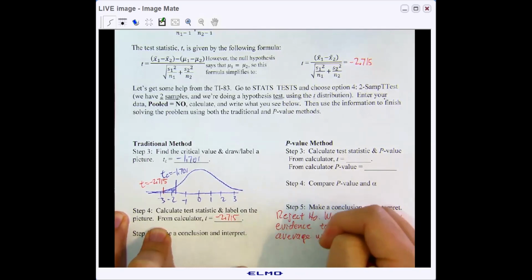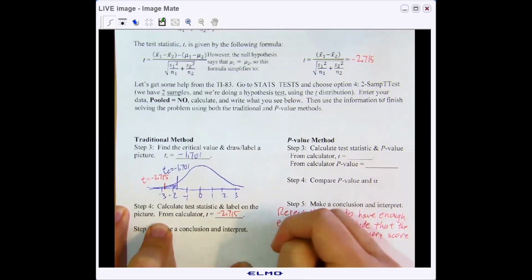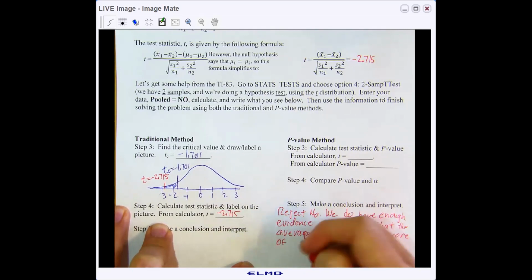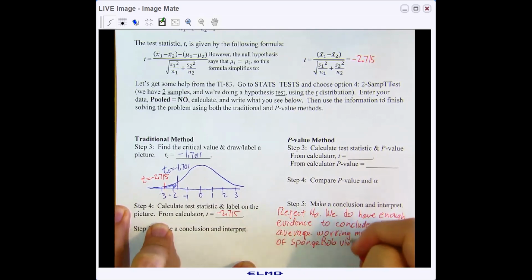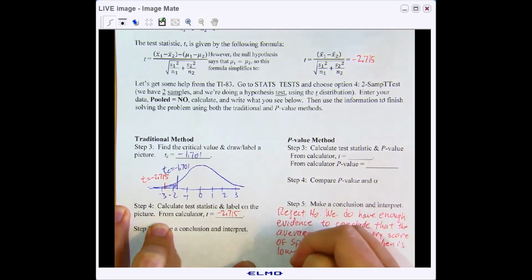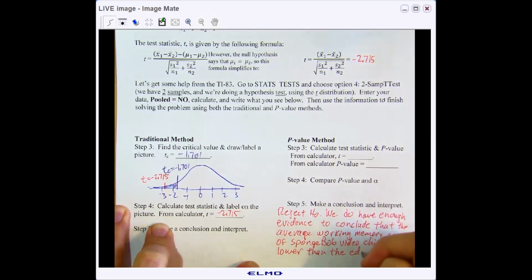working memory score of the SpongeBob kids is lower than the educational video kids.